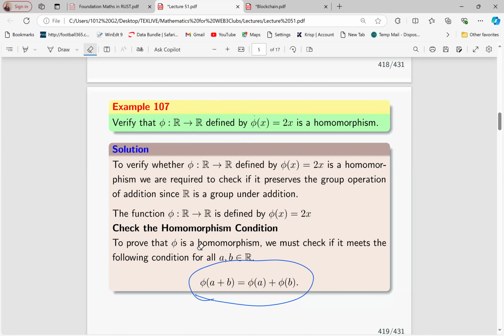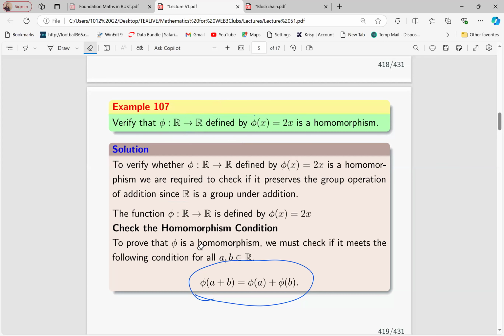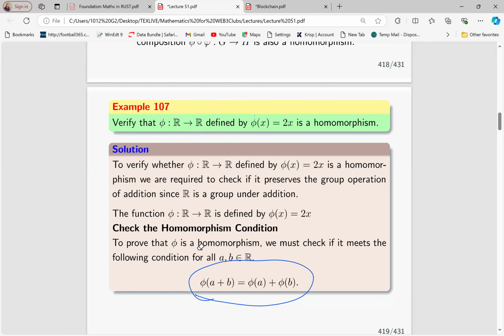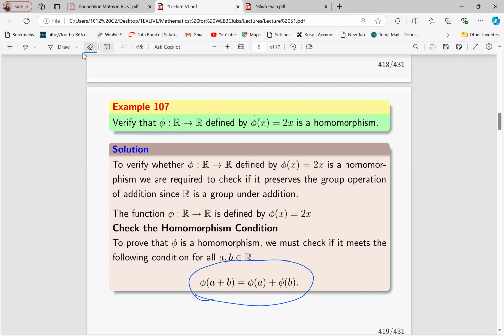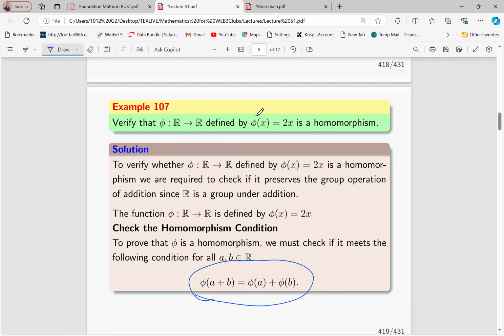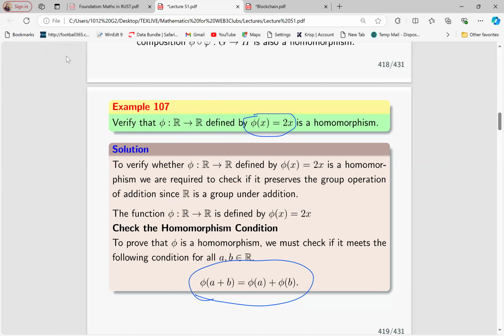So we want to see whether the group operation of addition is preserved by this phi, which is defined by this. Just use our definition.